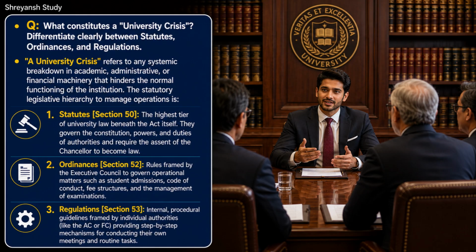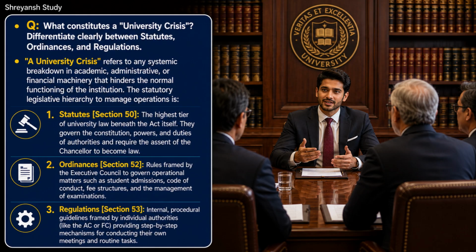Statutes, Section 50, the highest tier of university law beneath the Act itself. They govern the constitution, powers, and duties of authorities and require the assent of the Chancellor to become law. 2.